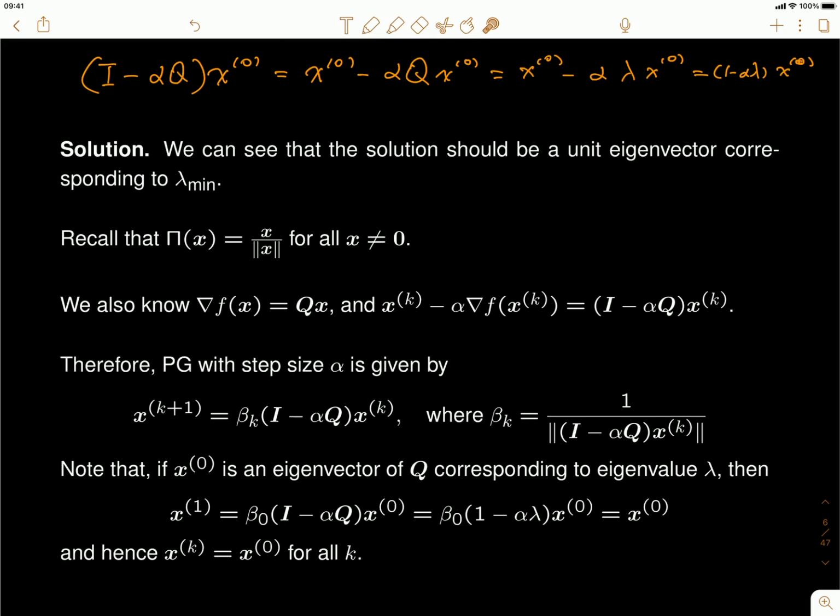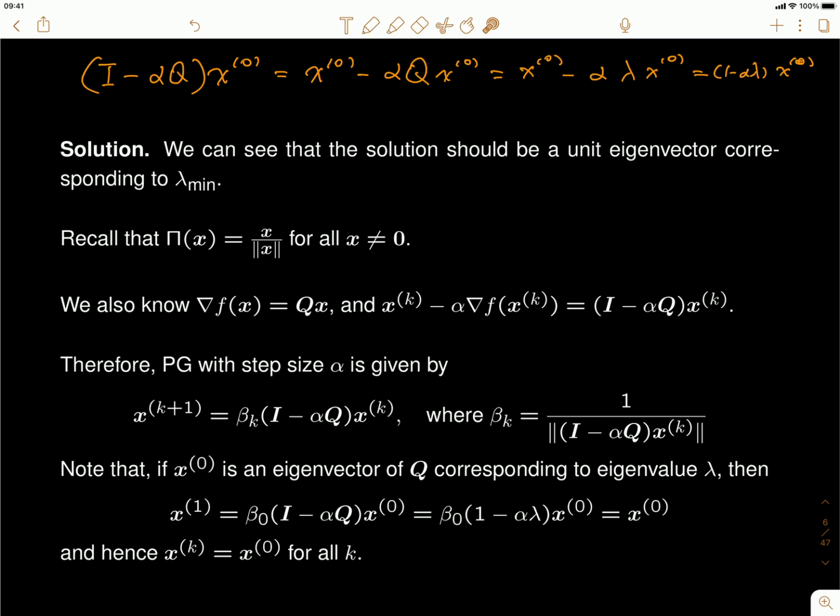Okay, so what has happened so far? We showed that x1 is just equal to x0, so we didn't change. If x0 is an eigenvector corresponding to the eigenvalue lambda, then this always keeps the same value. So actually the solution of the problem is a unit eigenvector corresponding to the minimum eigenvalue.